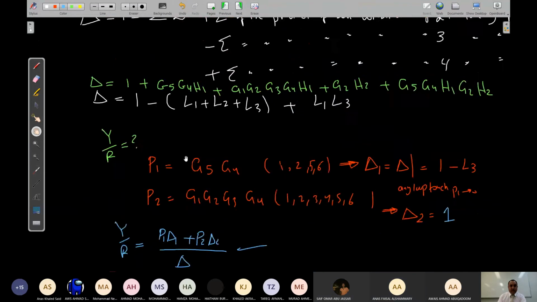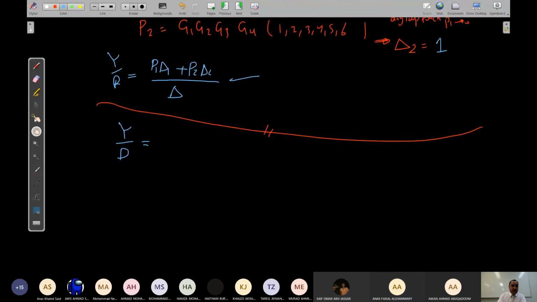Here I have only one path, P1, starting from G1, G2, G3, G4, linking nodes 3, 4, 5, and 6. So this touches all the loops, so delta 1 is equal to 1.